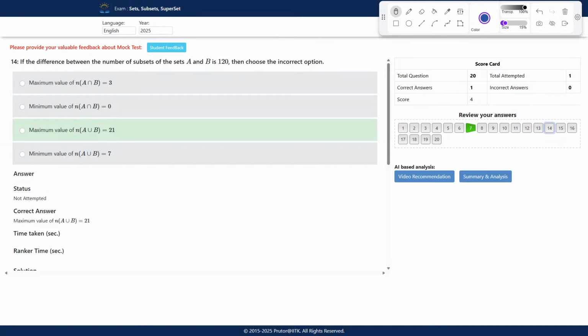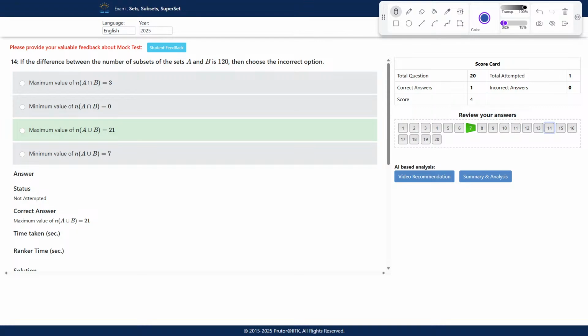In live sessions we do not have much time, so please join the doubt clearing session on Zoom. There we will explain all the doubts and answers to you. So, answer this.